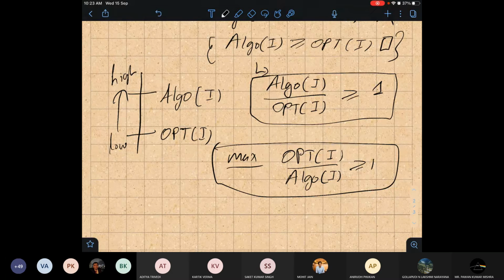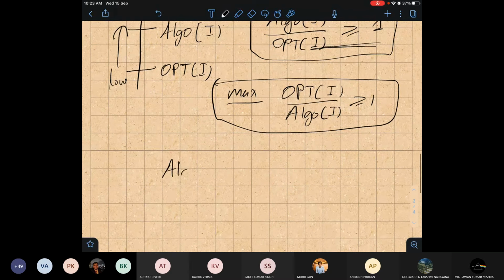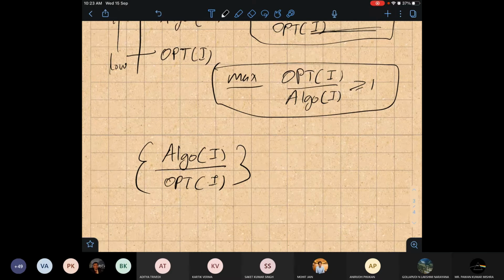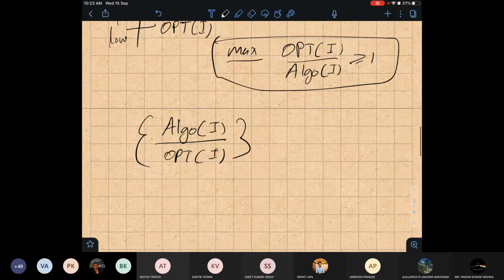Yes, sir. So till now we have seen a relation between algorithm and optimal. What is the algorithm value and what is the optimal value? So for minimization, we need to establish this ratio. Now I want to give you a way to approach this approximation algorithm problem.